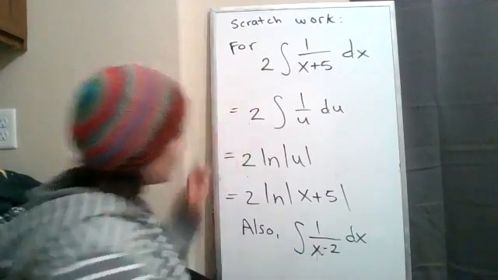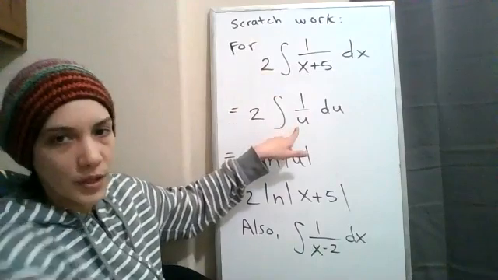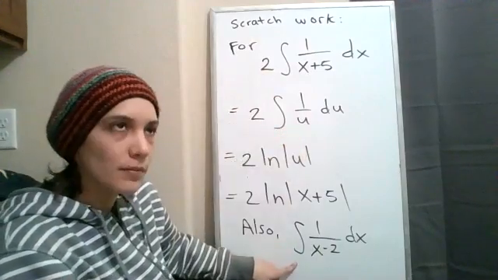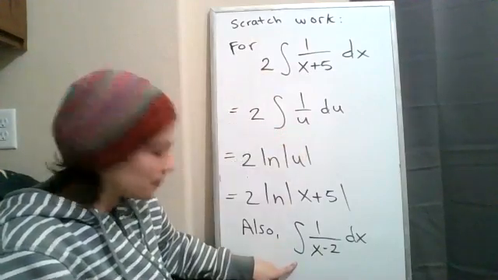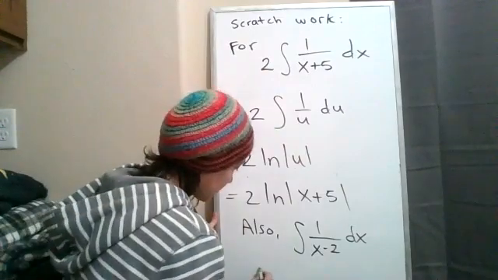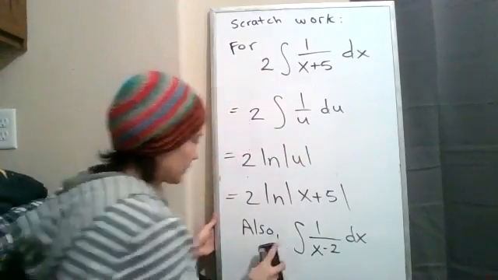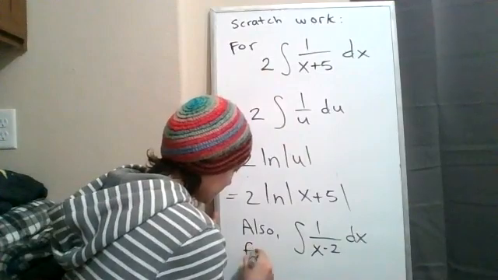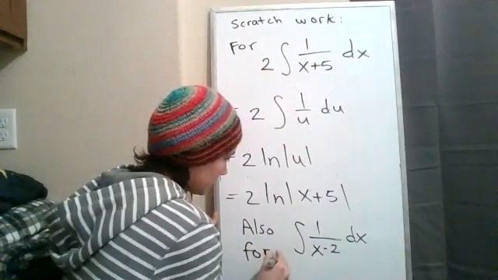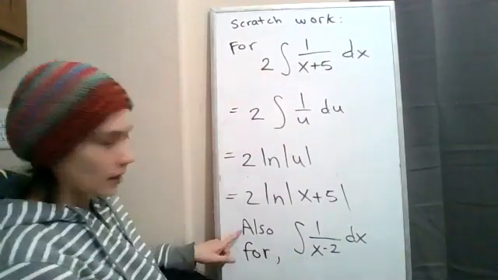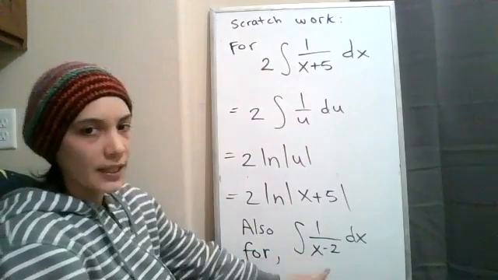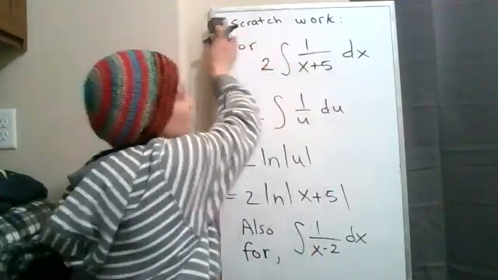Usually, you could do a u sub again, or you could pick another letter, like a w. Okay, so for this integral, we let w equal x minus 2.